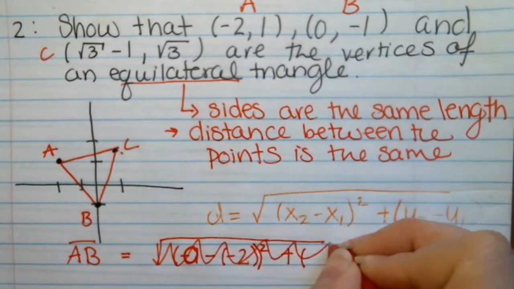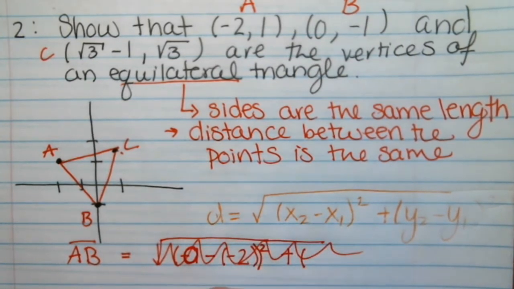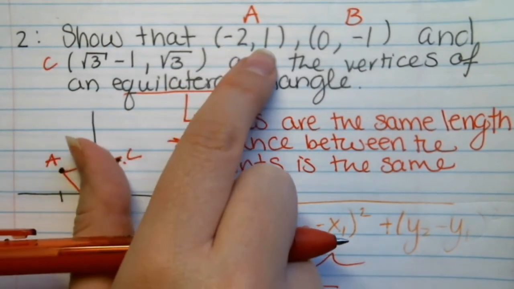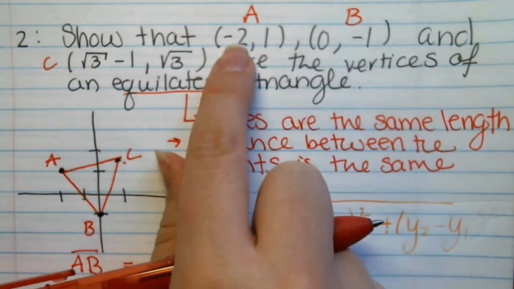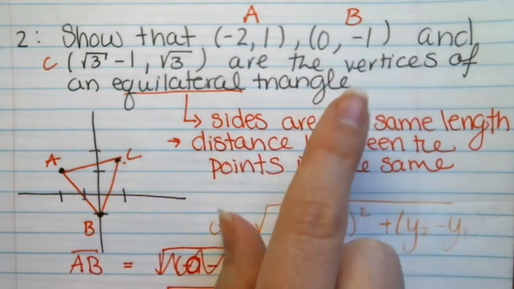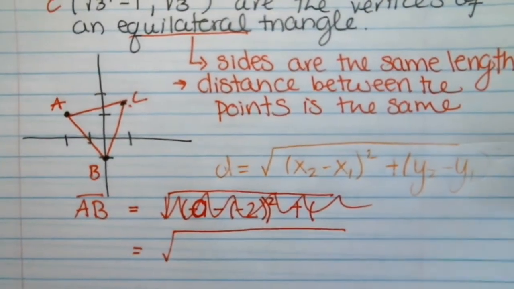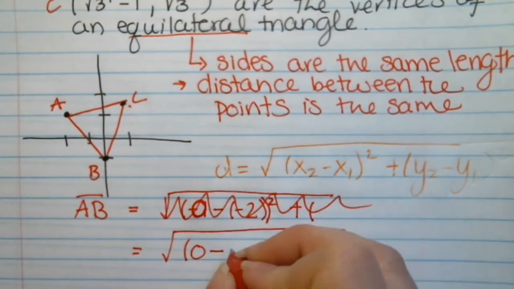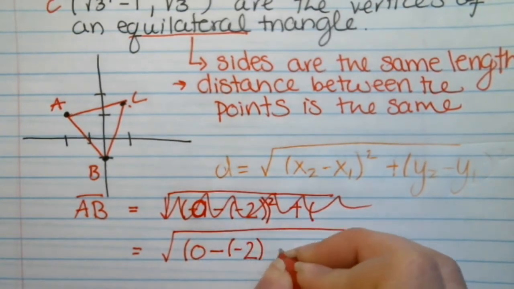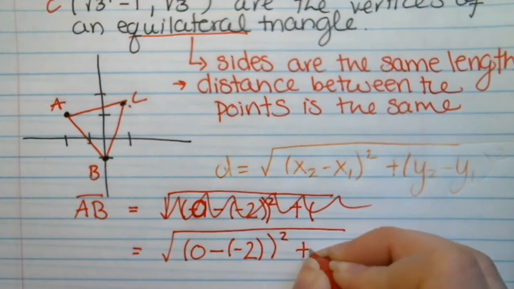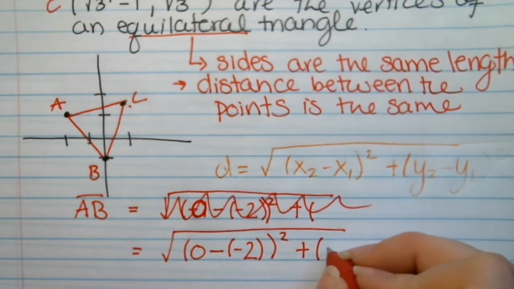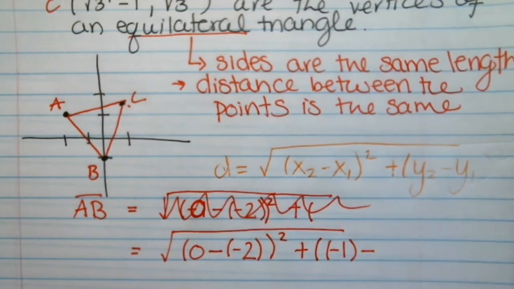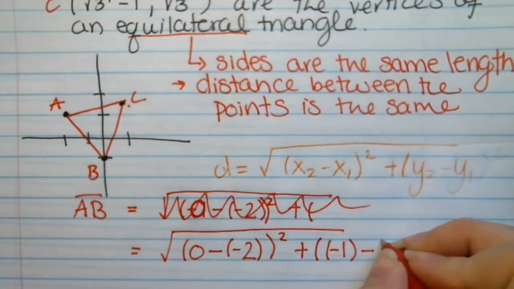We're using this point as x1, y1, and this as x2, y2. So x2 is 0 and x1 is -2. y2 is -1 and y1 is 1.